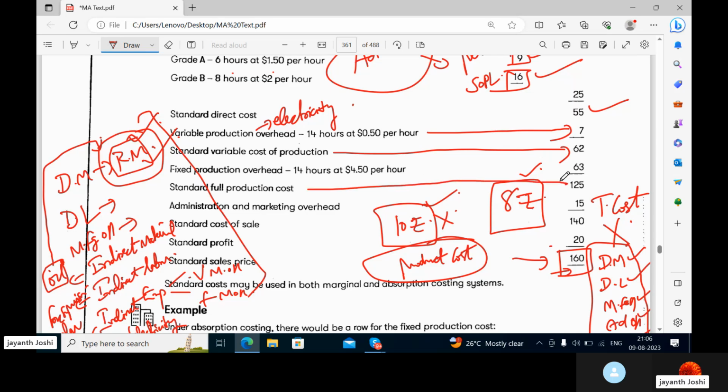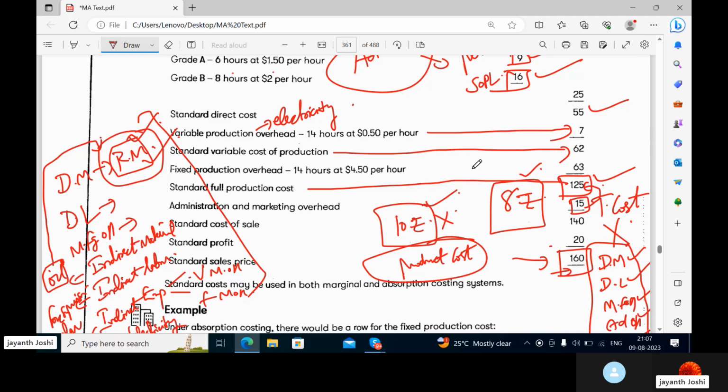Let's say the standard cost here is the standard full production cost. This is the cost of the product. I'm not speaking about total cost yet. Total cost is what you get after taking the standard cost of the product, which is 125, and adding administrative overheads, which are not involved in the production process. But we still add that to the product cost because we want to find out total cost.